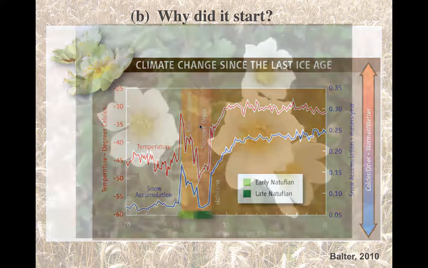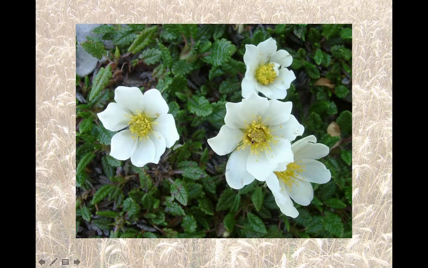That's due to this plant here, Dryas octopetala, which changed its range, and so you could tell from plant remains that there was a change in climate because of the change of distribution of this plant. That's where the Dryas periods get their name.